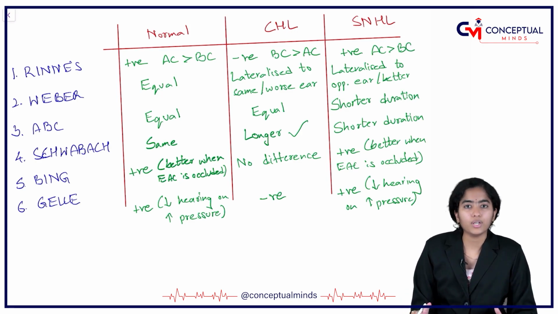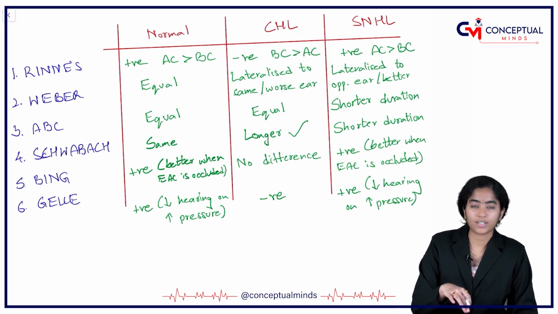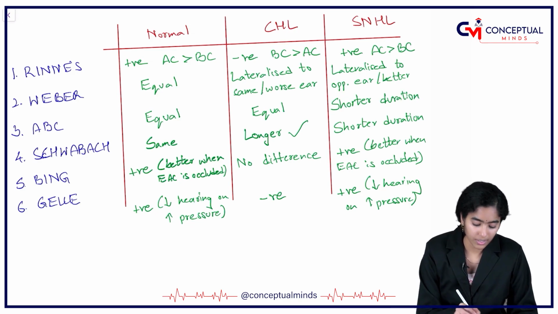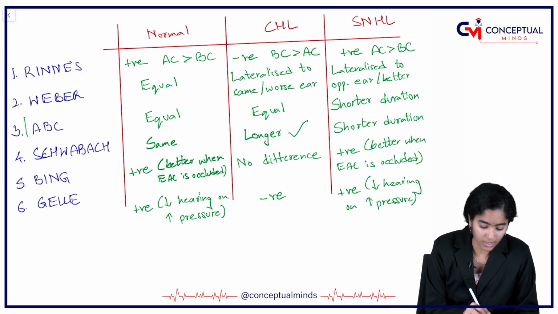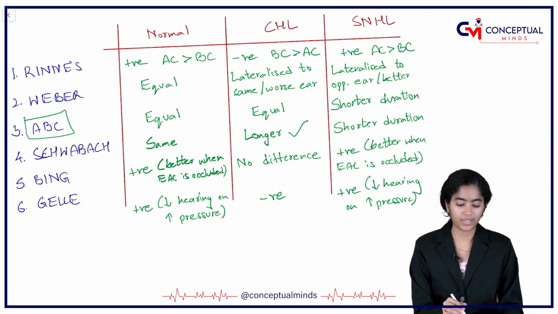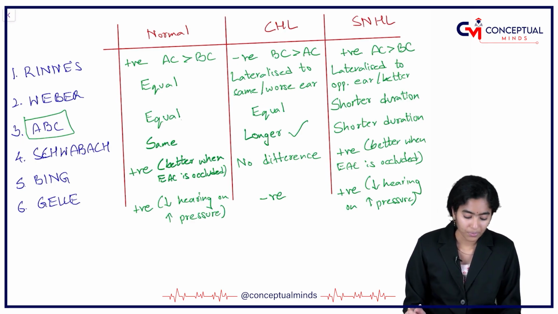So this is the summary of all the tuning fork tests, and I have a small cheat code for you. Generally, the findings in a normal person and in sensorineural hearing loss are the same, except in the absolute bone conduction test, where the findings in normal and conductive hearing loss are the same. Otherwise, Rinne's is positive in normal and also positive in sensorineural hearing loss. Weber, of course, is a different scenario.